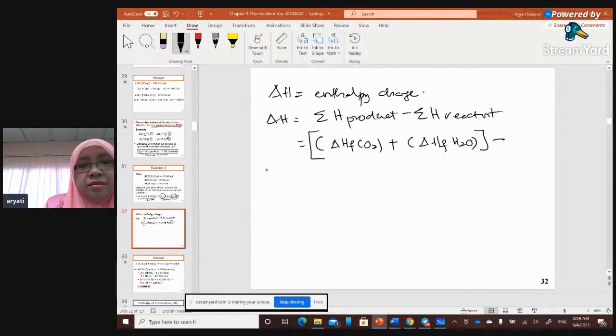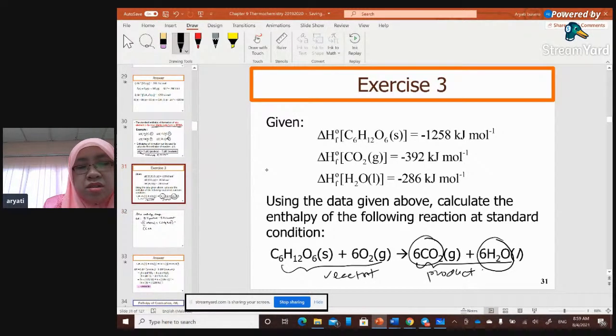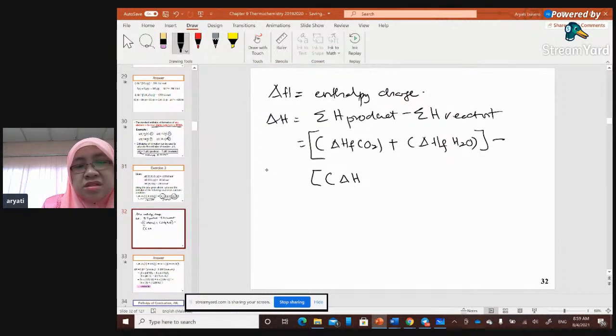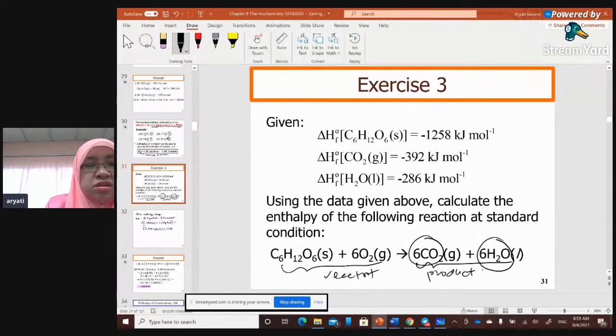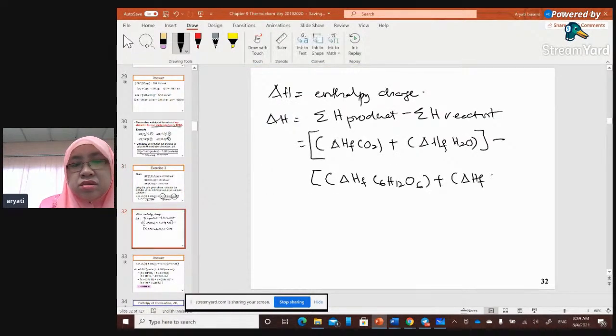minus jumlah enthalpy untuk reactant. So reactant kamu ada C6H12O6, C6H12O6 plus delta H formation. So kamu punya reactant ada oksigen O2.